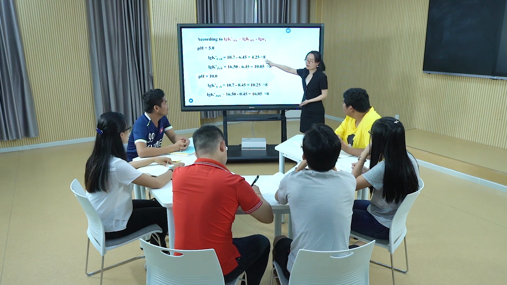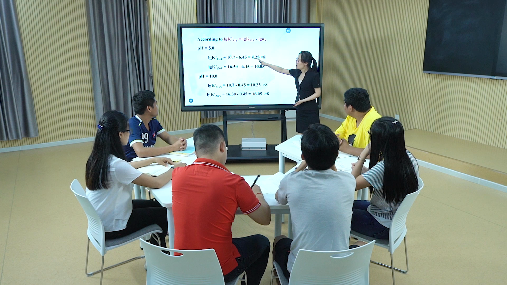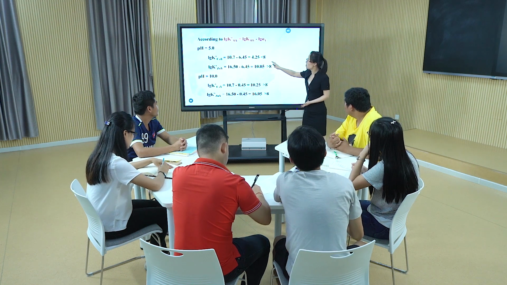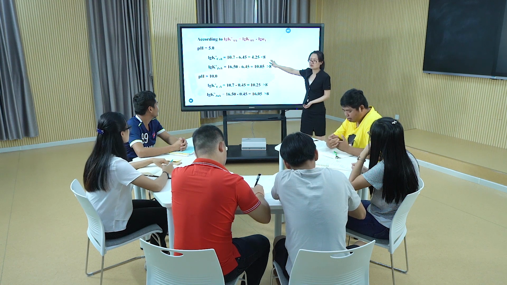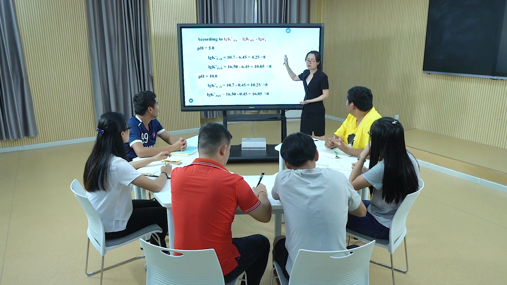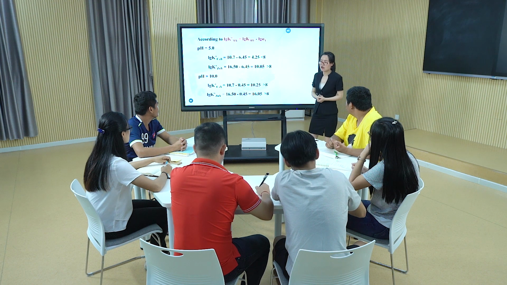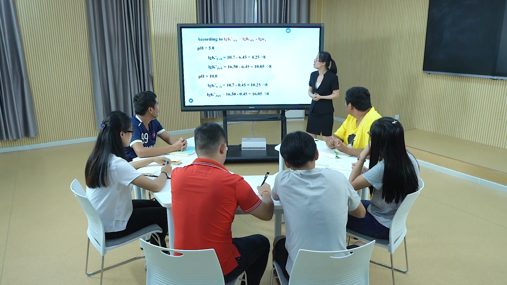Here we see that the conditional formation constant of CaY is smaller than 8 at pH 5, so we cannot titrate calcium at pH 5.